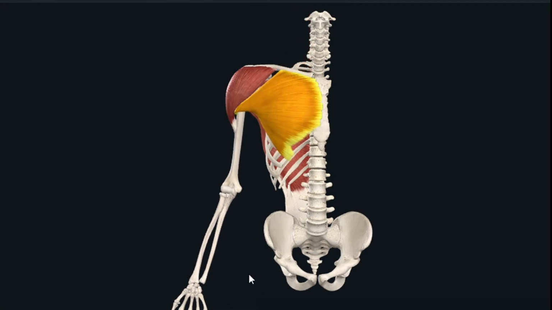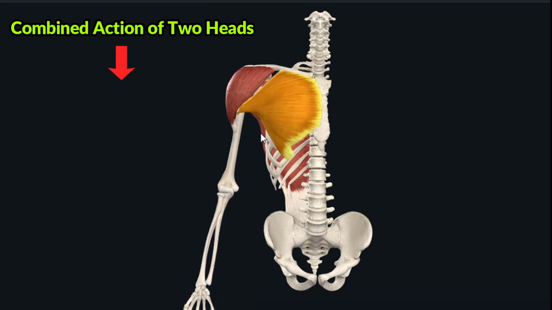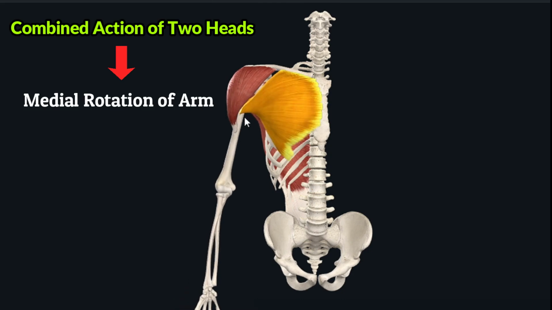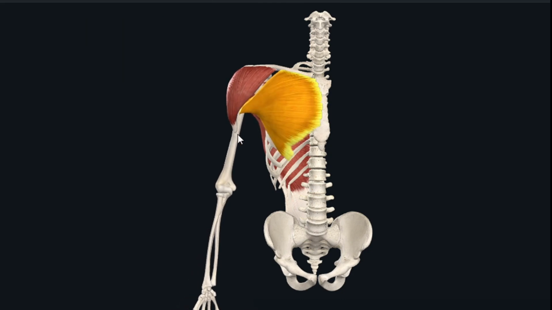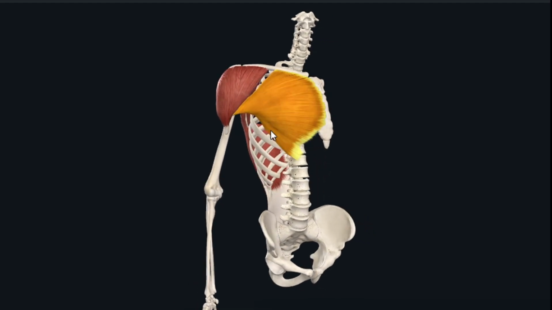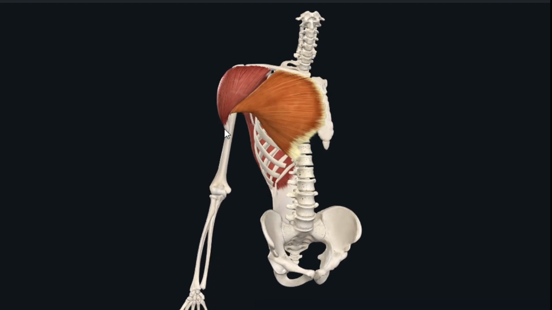Now if we look at the combined action performed by these two heads, one of these actions is the medial rotation of the arm, or medial rotation of the upper limb. That is, it rotates the upper limb round its own axis towards the midline.